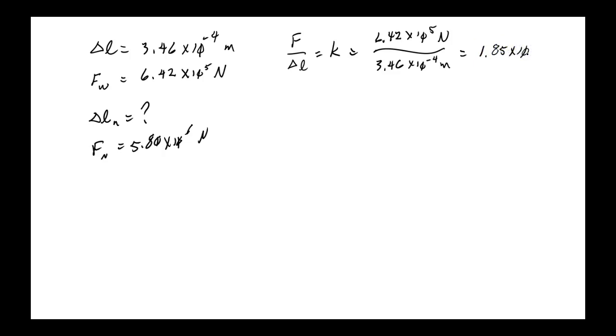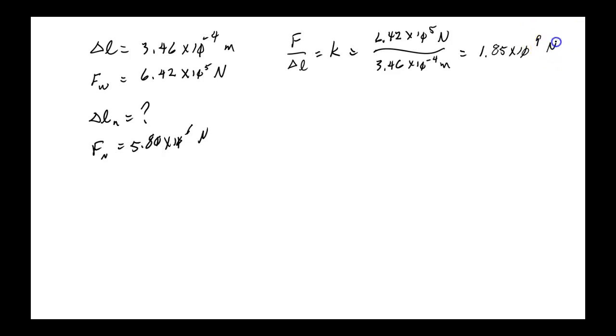Now we have to figure out the exponents. Okay? When you're dividing numbers with the same base and different exponents, subtract the exponents. So I put down the same base, 10, but subtract the exponents. 5 minus a minus 4, well, minus a minus is plus, so 5 plus 4 is 9.